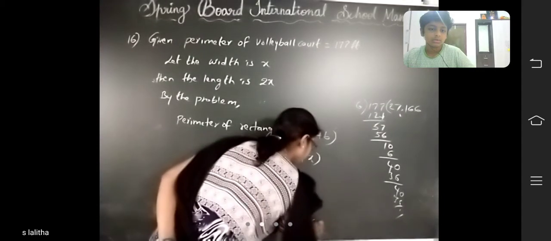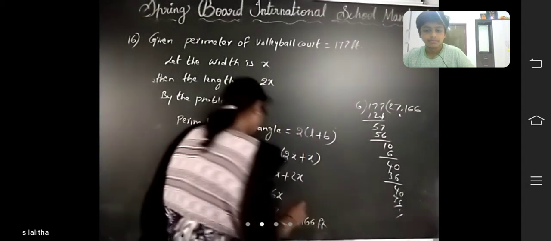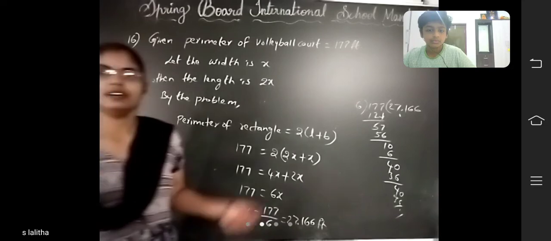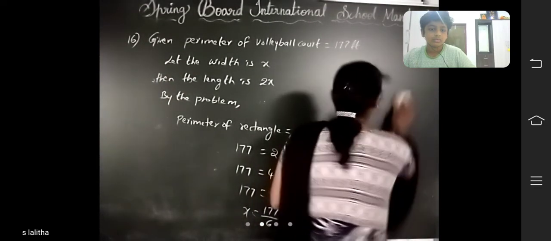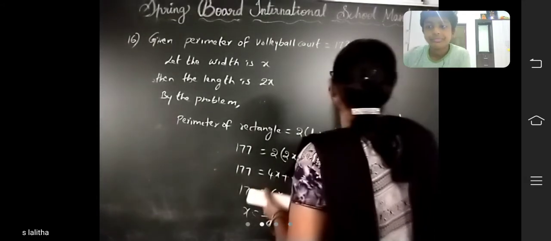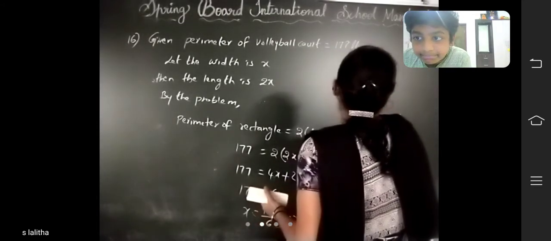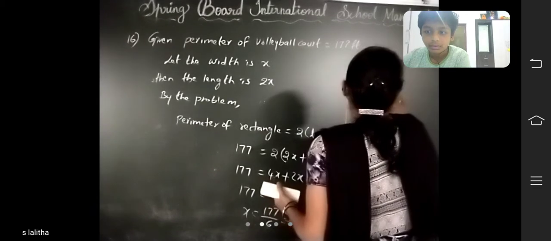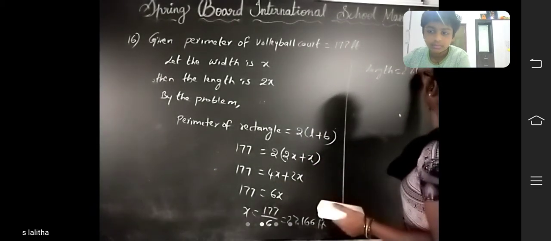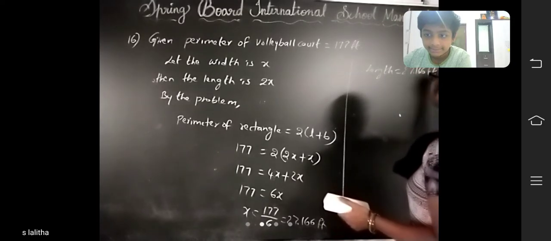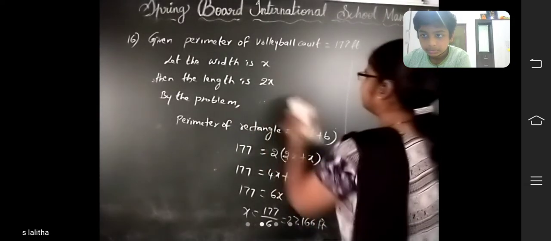Feet, right. So we will get x. What is x here? Width. So therefore, width is equal to 27.166 feet.